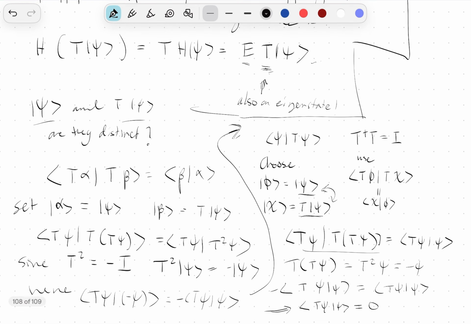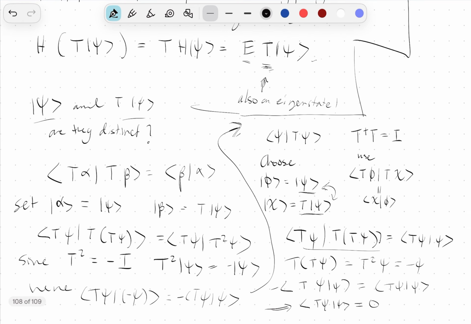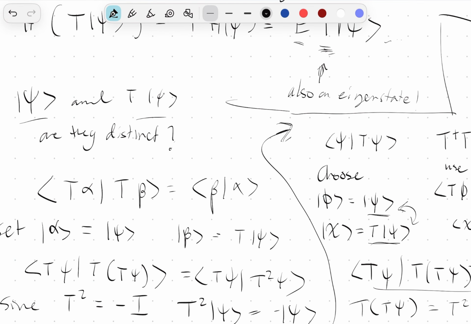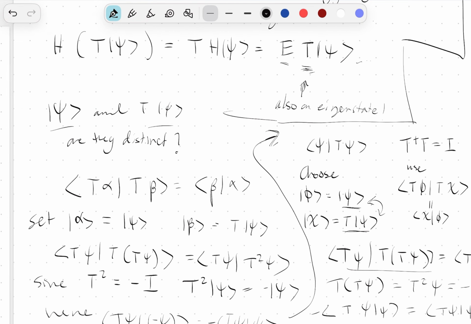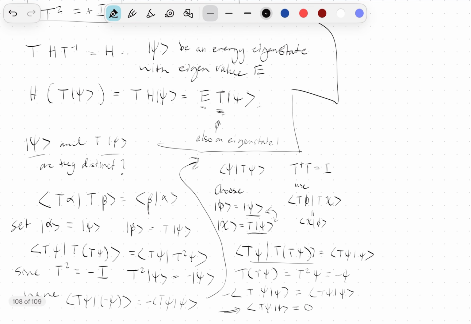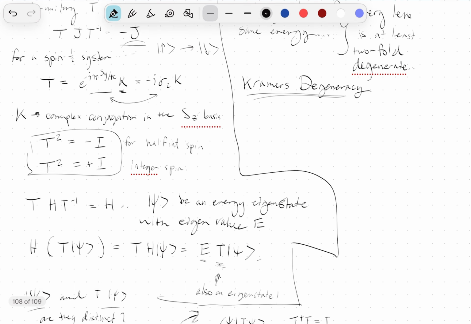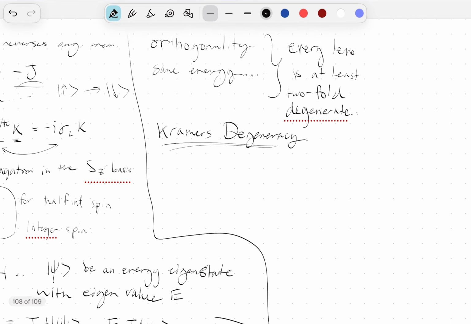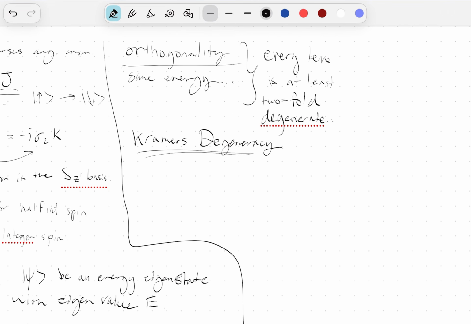So for half integer spins, the algebra then forces them to be distinct orthogonal states, so the degeneracy is protected as long as time reversal symmetry holds. Thus, that's what creates the twofold degeneracy. It's a degeneracy that gets protected by this time reversal symmetry, as long as it's held.